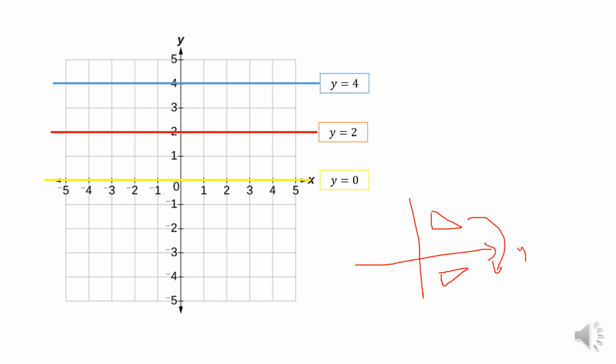Then you can say it has been reflected on the line y equals to 0 when you don't want to say it is the x-axis. So that is very interesting to note.